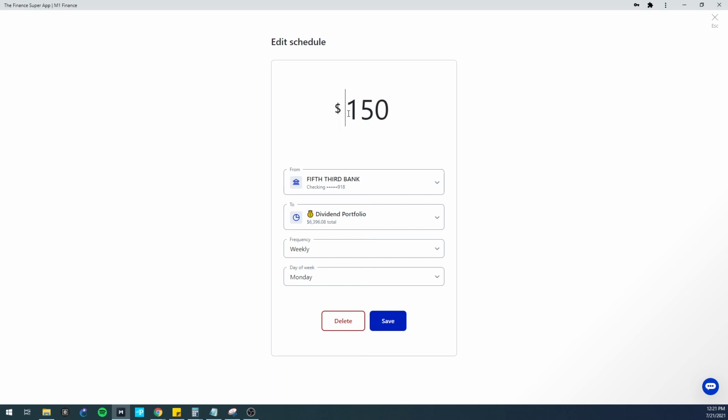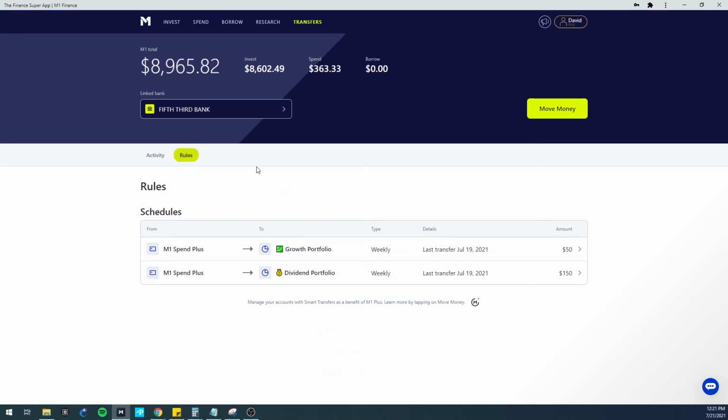If you look at the history of the stock market, that's what happens. Long story short, for me personally, every Monday I invest $150 into the stock market.